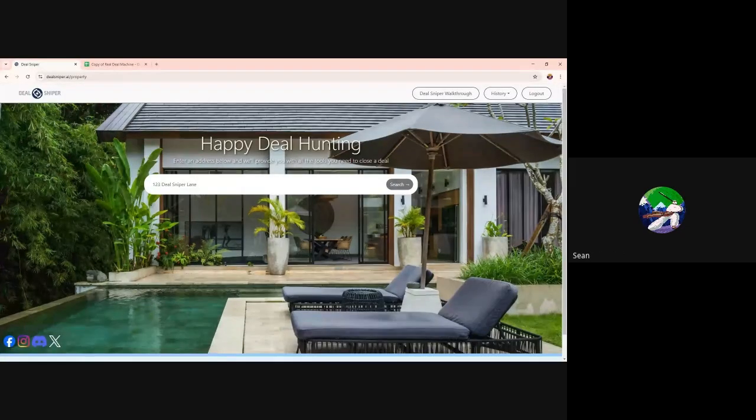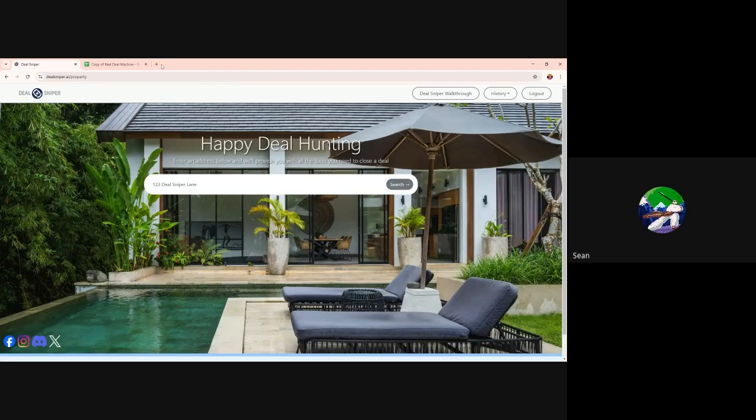Gotcha. Do you have any idea how seller or creative financing works, or are you starting brand new? I've got about 20% knowledge. Okay, so the basics.